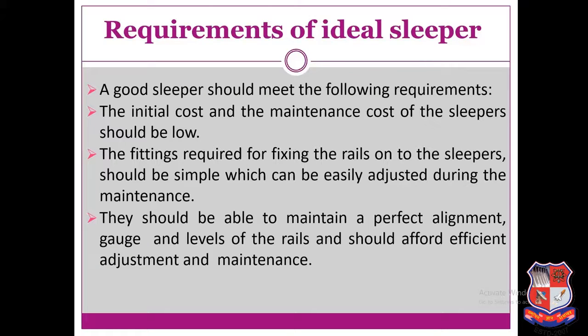Next, requirements of an ideal sleeper. The initial cost and maintenance cost of sleepers should be low. The fittings required for fixing the rails on the sleepers should be simple, which can be easily adjusted during maintenance work. They should be able to maintain a perfect alignment, gauge and levels of rail and should afford efficient adjustment and maintenance.